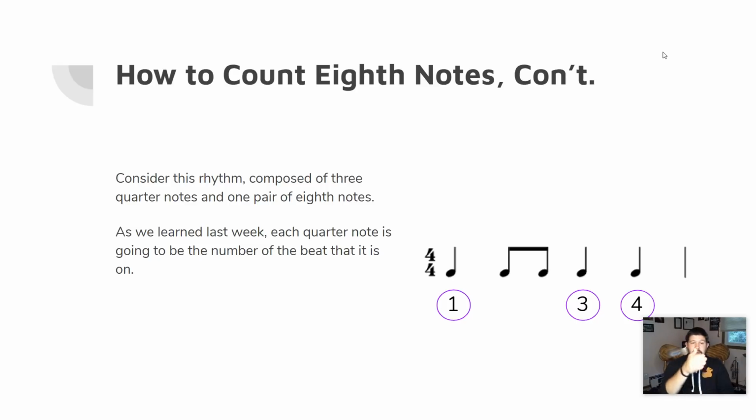Because quarter notes get whole numbers, and eighth notes are the number of the beat plus the "and." Because the eighth notes come in second position in that measure, we can pretty readily think, okay, so the eighth notes are going to start on beat number 2. That leaves beats 1, 3, and 4 for our quarter notes.